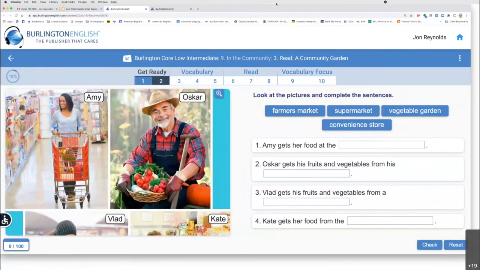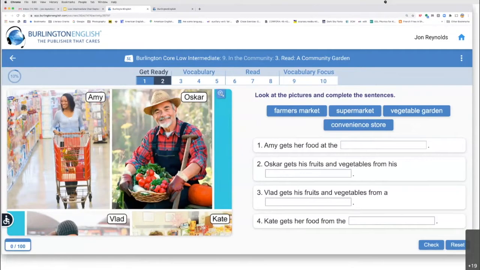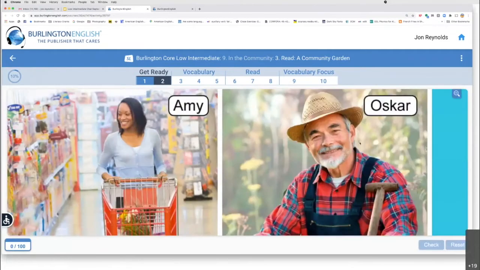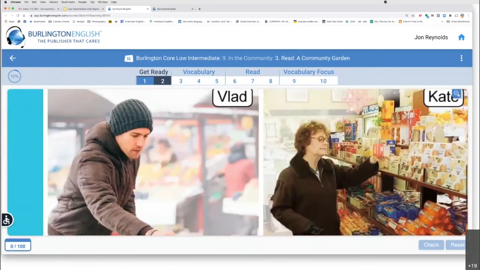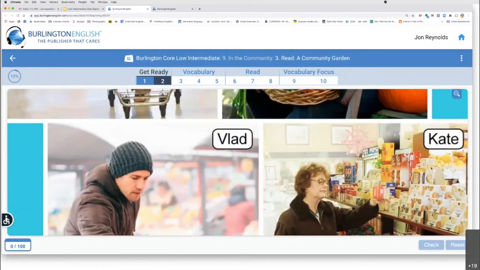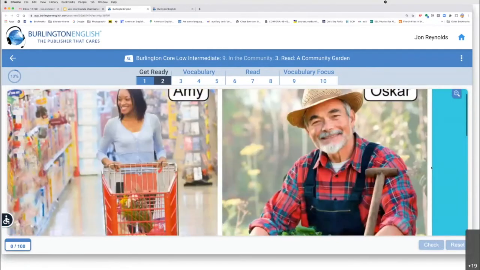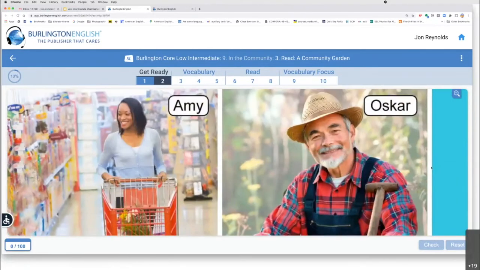Okay. So first off, as you can see here on the screen, I want to bring up these four pictures. So we have Amy, Oscar, Vlad, and Kate. So first off, if you notice what I did, you can actually expand the photos. So in case you have some sort of reading, which we're going to do for this week's activity, you can expand or kind of minimize the size.